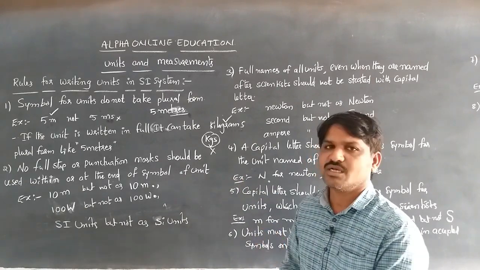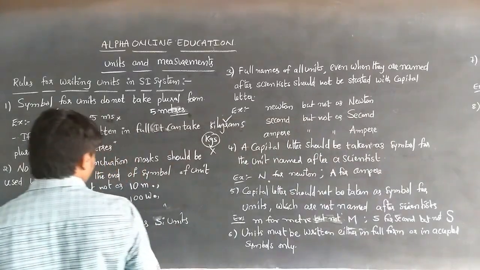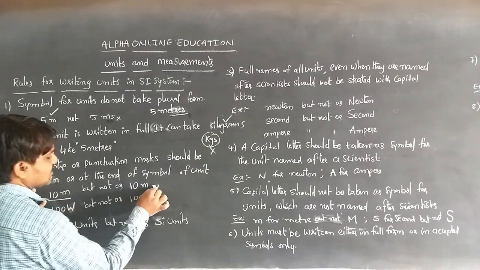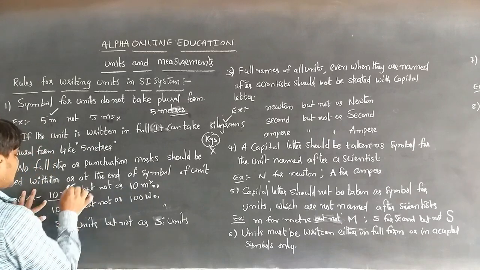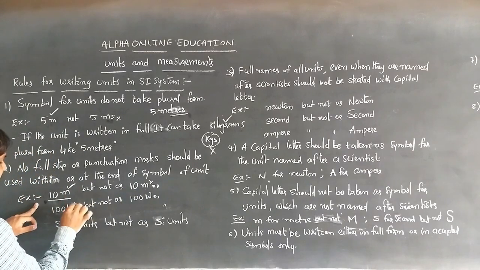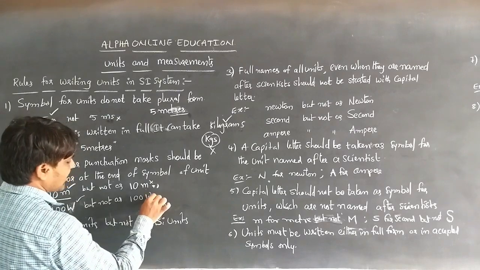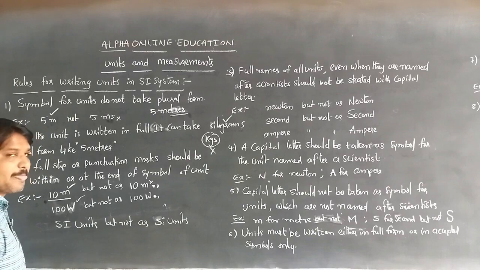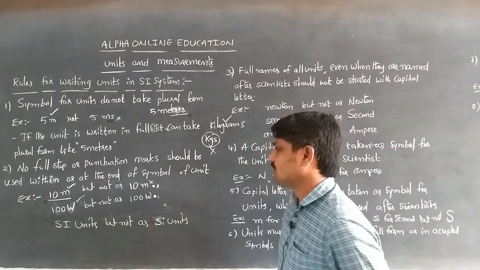This is not correct and we should write like this only. If we want to write 100 W, we should write like this, but not with any punctuation mark or full stop. We should not place a full stop or any punctuation marks at the end of the symbol of the units.